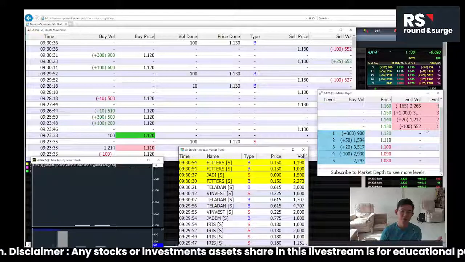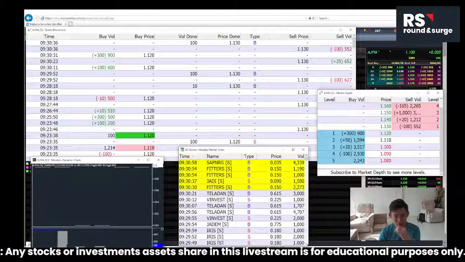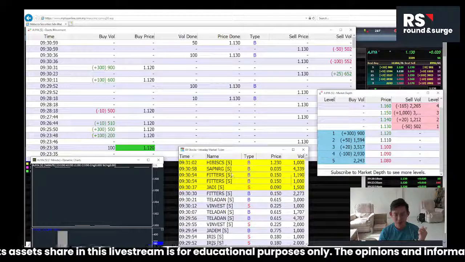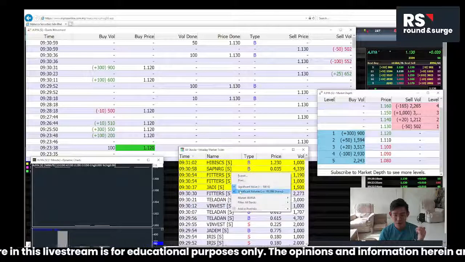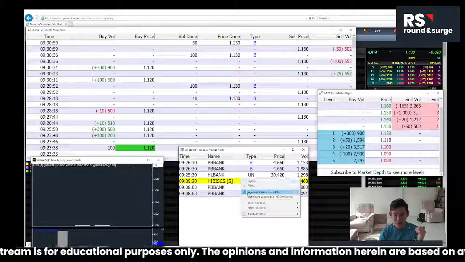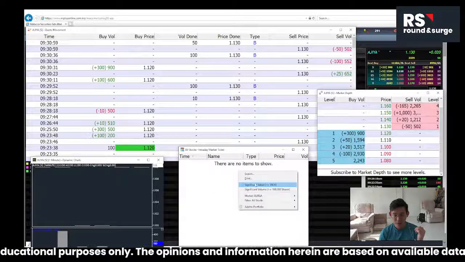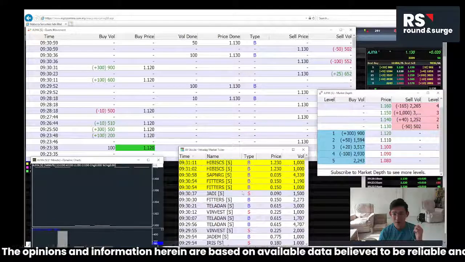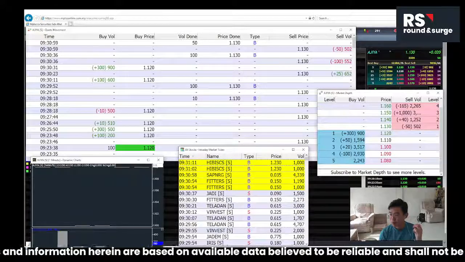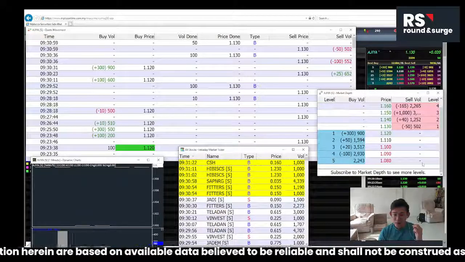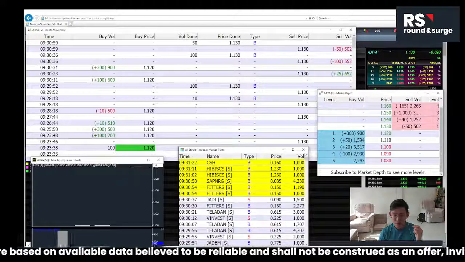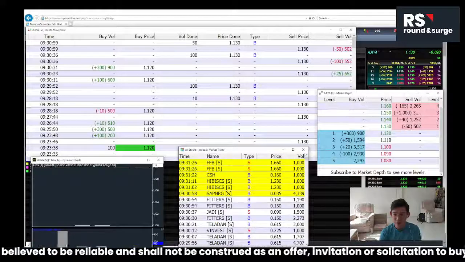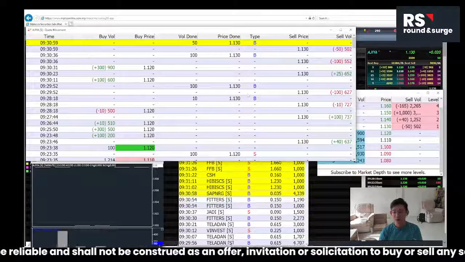So it seems like they're getting ready to clear 113. 50 lots, 100 lots. Fifty lots.